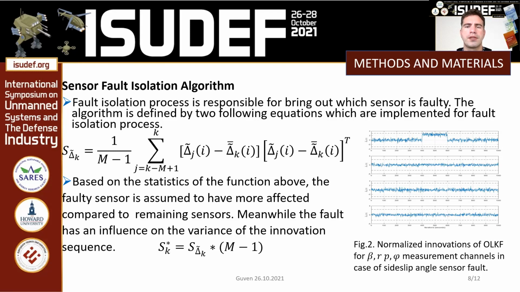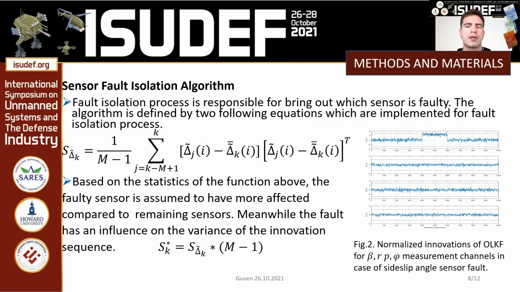It takes the Kalman filter innovation value of the sensors one by one, and it takes the difference from the mean of all of the sensor Kalman filter innovation values.